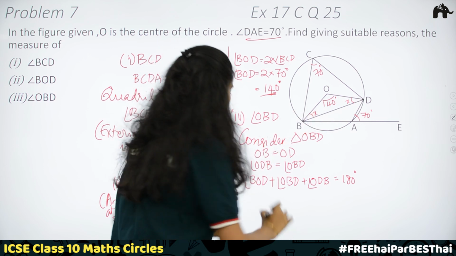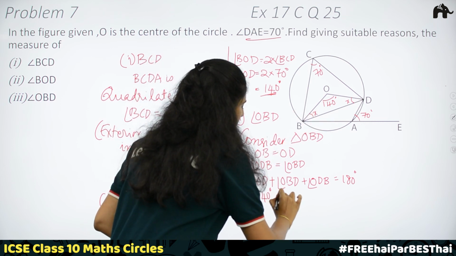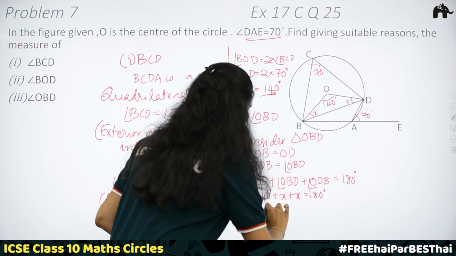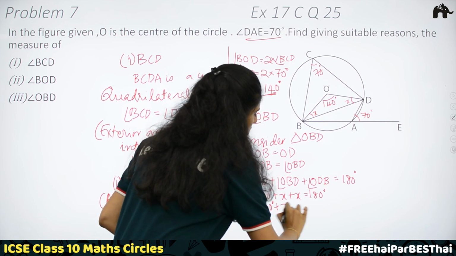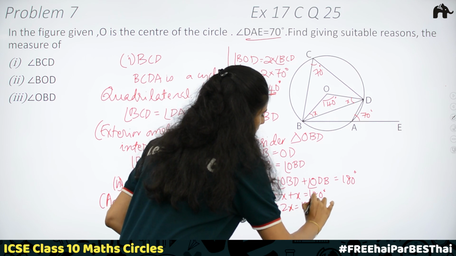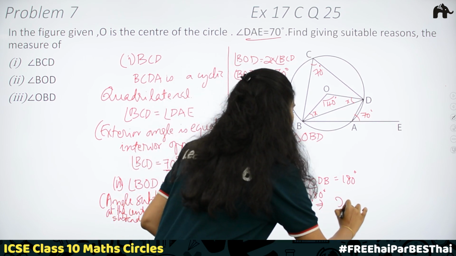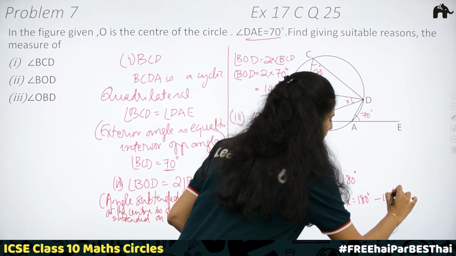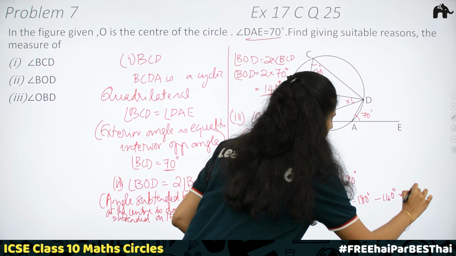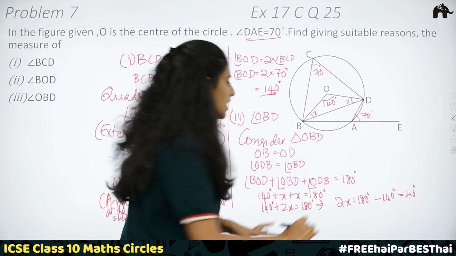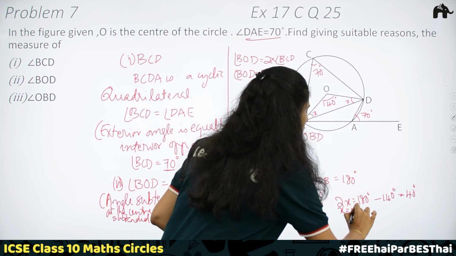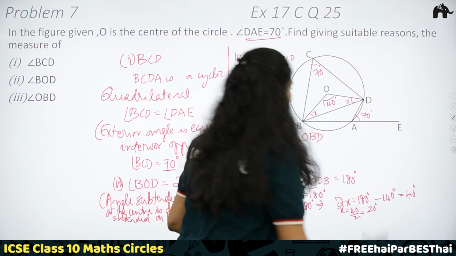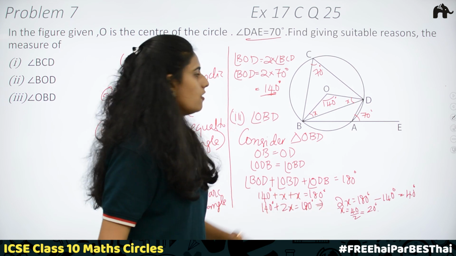BOD is 140. 140 degrees plus 2x is equal to 180 degrees, which implies 2x is equal to 180 degrees minus 140 degrees, and that is 40 degrees. 2x is equal to 40 degrees, then x is equal to 40 divided by 2 equal to 20 degrees. Okay, 20 degrees is the value of x.